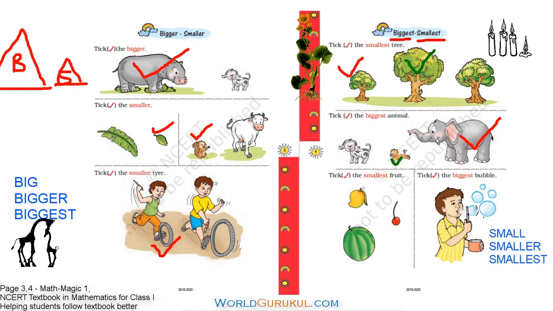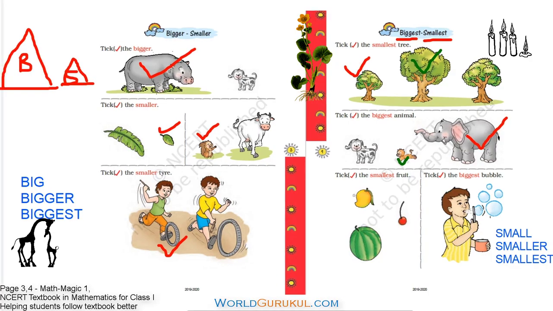So can you tell me which is the smallest? Is it the mango? I don't think so. Is it the cherry? Yes, it is. See? Watermelon is the biggest of these three, and this cherry is the smallest.